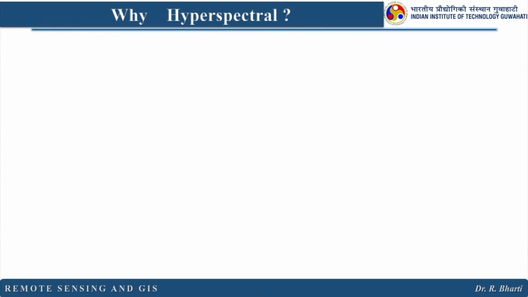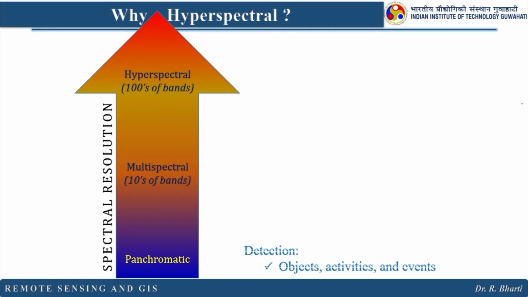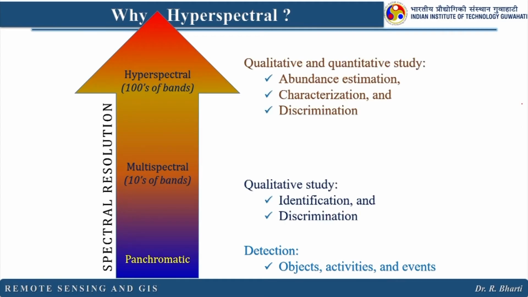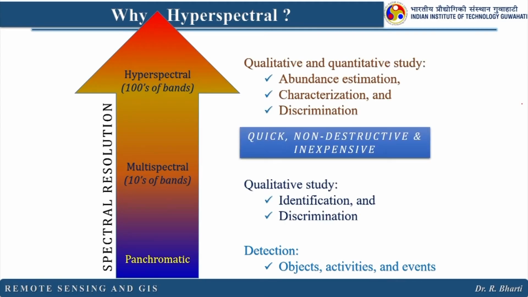The advantages of hyperspectral data can be understood through this slide. I just want to highlight this part, because this is a repetition. This is a quick, non-destructive and inexpensive technique, which can help you to conduct quantitative studies. So, you can identify how much mineral and what minerals are present in a given rock sample.